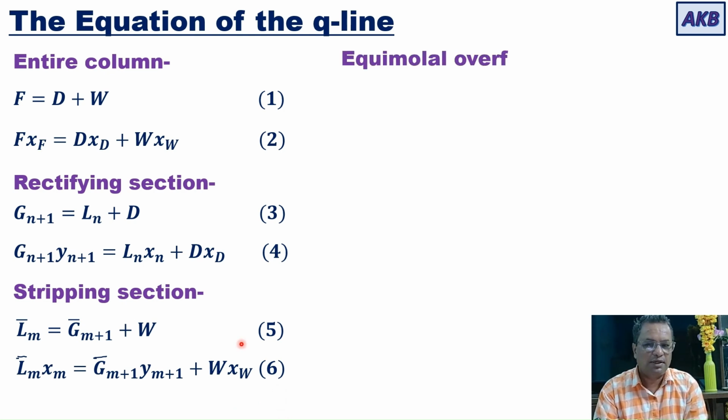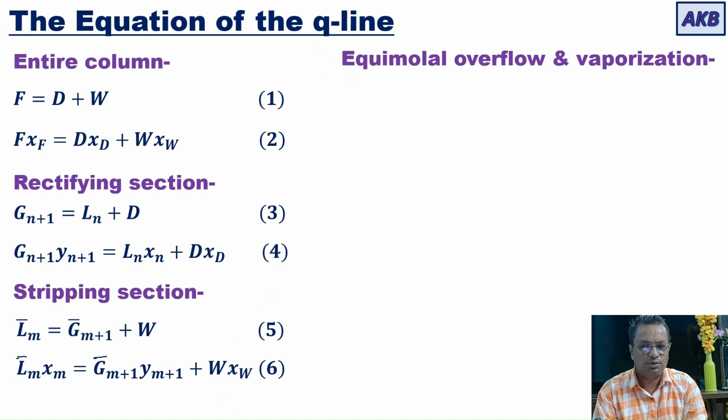Okay. Now we are going to use one of the assumptions of the McCabe method. What is that? Equimolar overflow and vaporization. So as per this assumption, the molar flow rate of the liquid phase in the rectifying section is constant throughout that section, and the same applies for the stripping section.